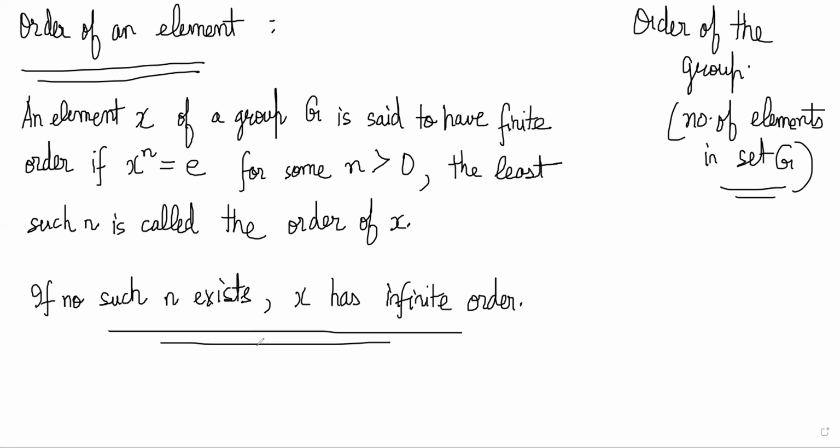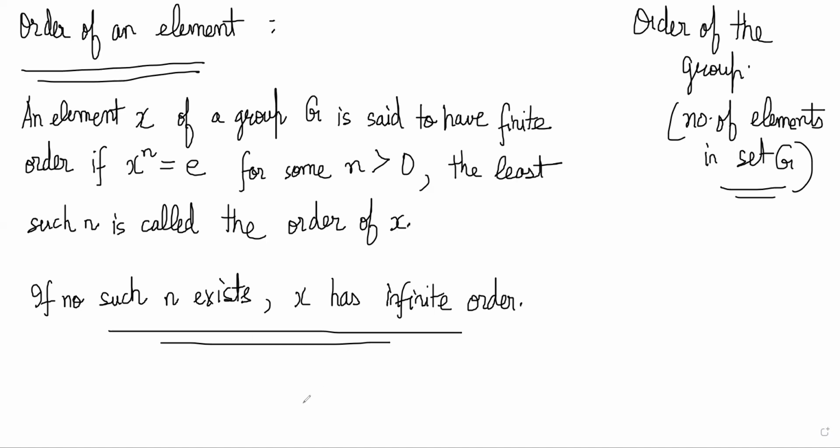And in that case, what we mean is that x will have infinite order because there is no way the powers are repeating, and the group also has infinite order then. Because if you don't have x power n equal to e, the powers will never repeat. It will keep increasing and you will never come back to e and start off again in a cycle. So such groups have infinite order and the element x also has infinite order here, right?